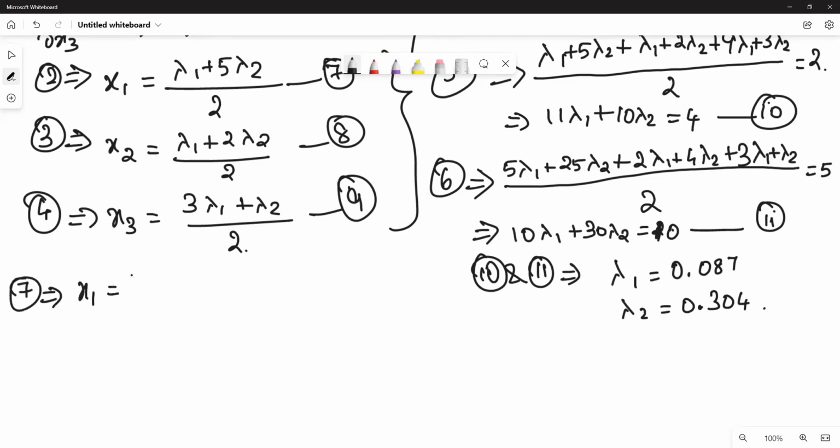So x1 becomes 0.087 plus 5 times 0.304 divided by 2. Simplifying, it is 0.804.